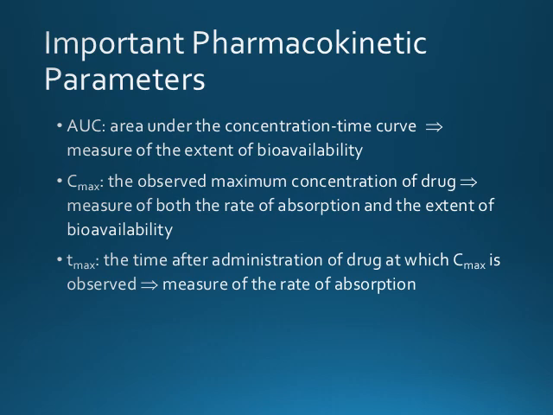An important pharmacokinetic parameter is AUC, the area under the concentration time curve, which is a measure of the extent of bioavailability. Cmax is related to the rate and extent, and Tmax refers to the rate.